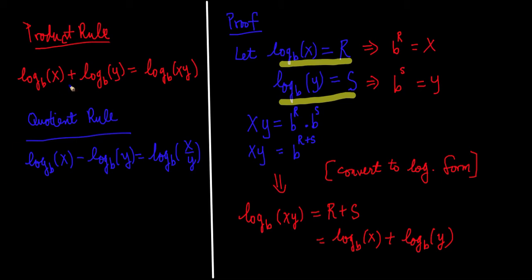So if you add two different logs, then you get the log of the product. If you subtract two different logs, then you get the log of the quotient.